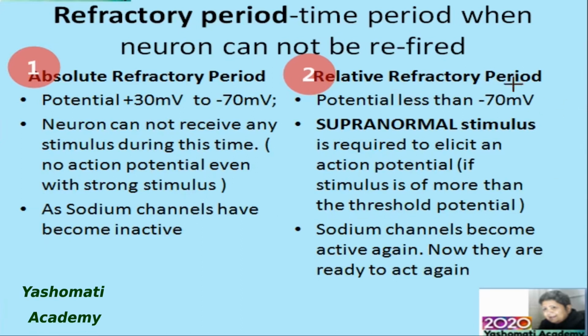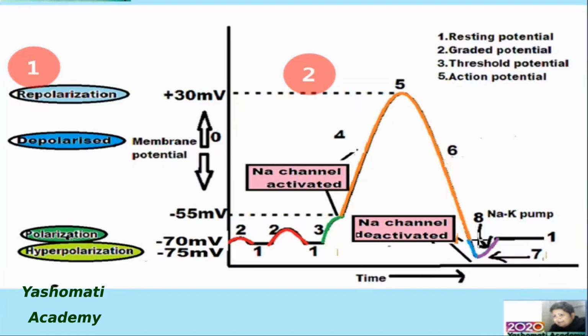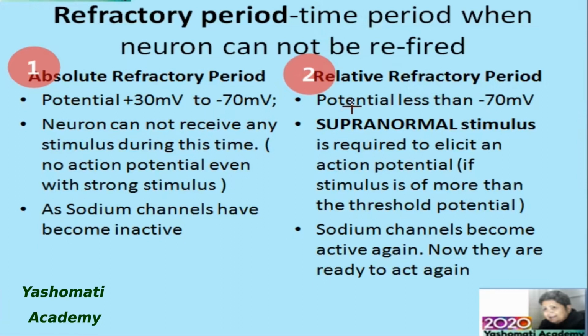But when we talk of the relative refractory period, which exists when the potential is lower than minus 70 millivolt, if a supranormal stimulus, that means a stimulus which can elicit an action potential because it has more than threshold potential, can compensate for this drop in potential and take it from this lower potential to minus 55 millivolt, then it will be able to create the refiring of the neuron.